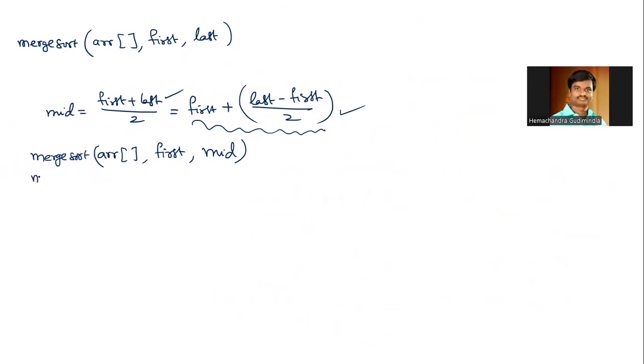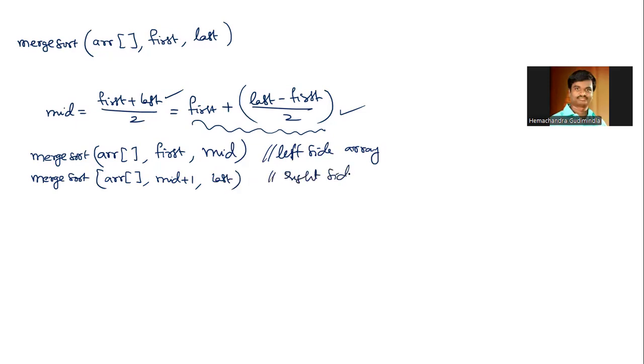This is for the left side sub array. Now merge sort for the right side: array, and mid plus 1 comma last index. So this we will use for the right side array.